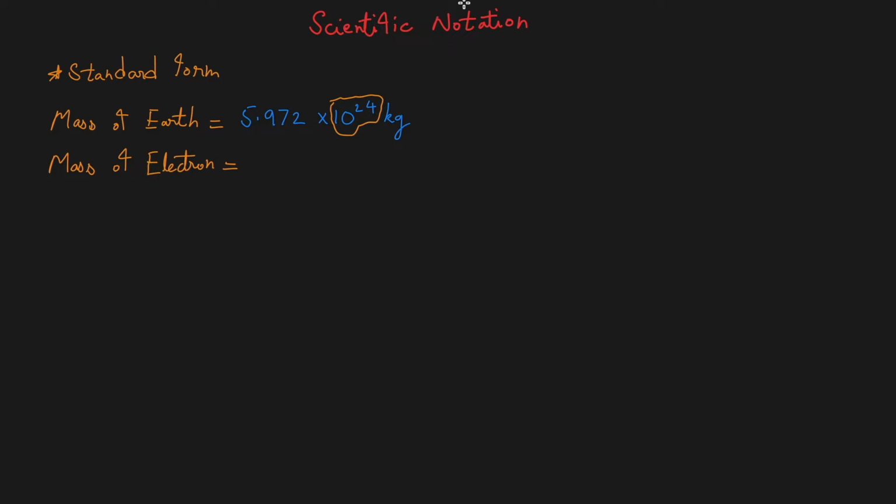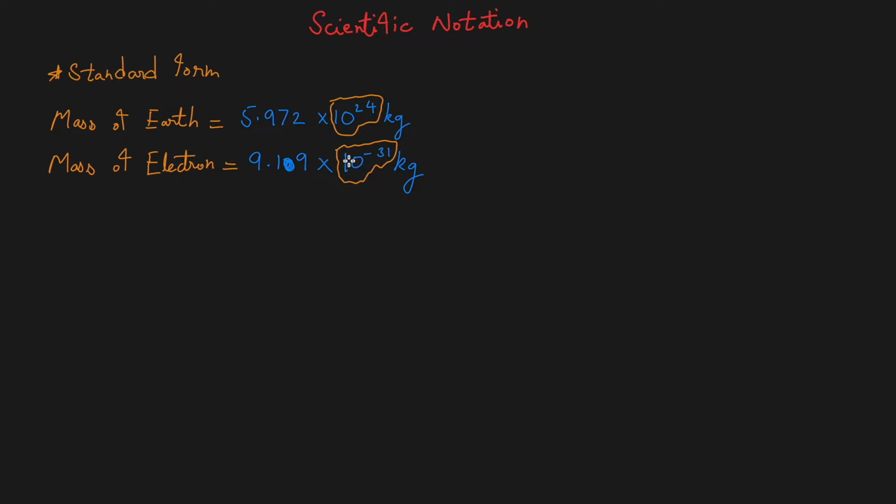The mass of an electron is 9.109 multiplied by 10 power minus 31 kg. Now, as you can see, instead of a very large quantity, we are dealing with a very small quantity here.